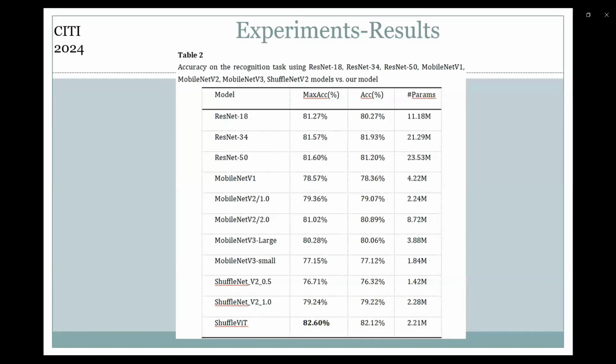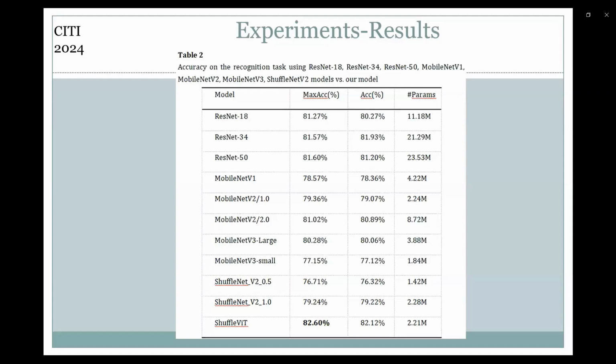For the MobileNet family of convolutional neural networks, ShuffleViT outperforms MobileNet V1 by 4.03%, MobileNet V2 version 1 by 3.24%, and MobileNet V2 version 2 by 1.58%.